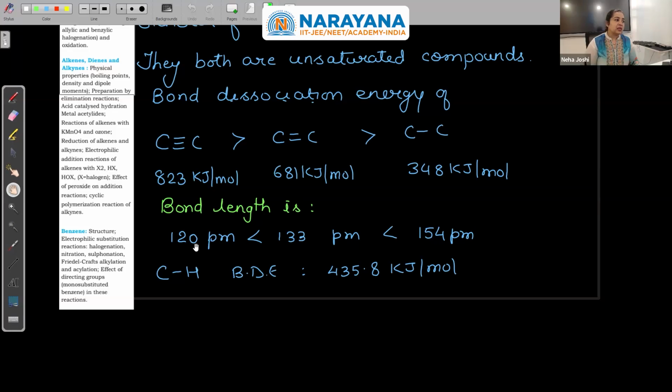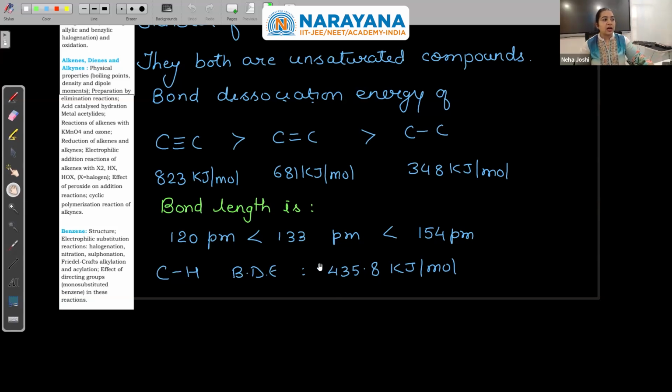Bond length for alkynes is 120 picometer. For alkenes, it is 133 picometer. Single bond is 154. Carbon-hydrogen bond dissociation energy also you need to have an idea, a little order setting. See, C single bond C is 348 kilojoules and C single bond H is 435.8 kilojoules per mole.